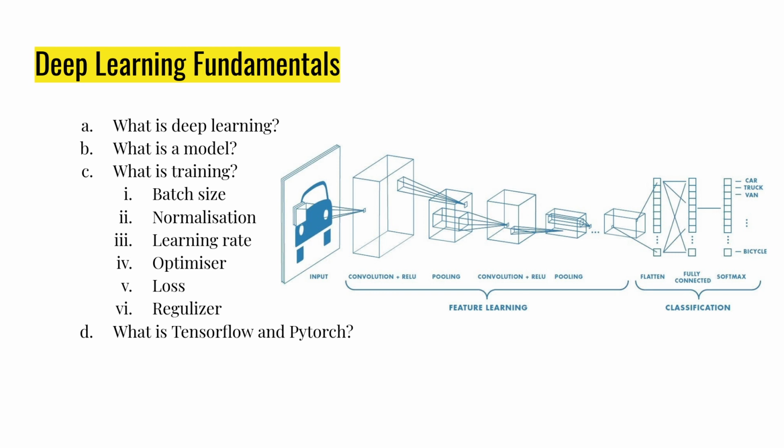In training, we need to familiarize ourselves with a few terms. One is batch size. Earlier, when we discussed back propagation, we talked about one input and one output, and if the output is wrong, we propagate the error back. Now there is the concept of giving a batch of n images as input instead of one image. In that batch, one image might be a car, another a bus.